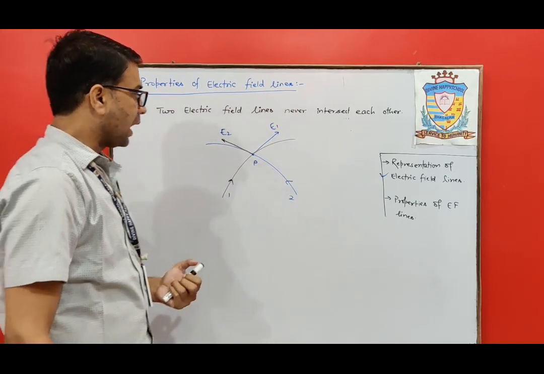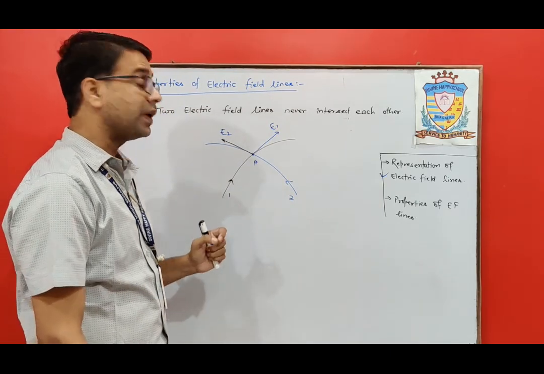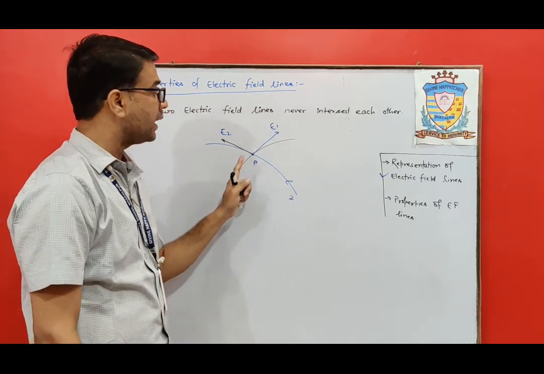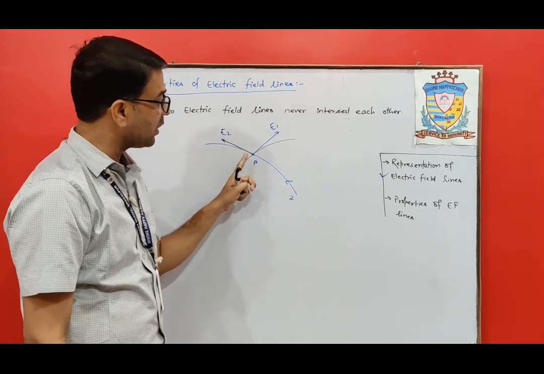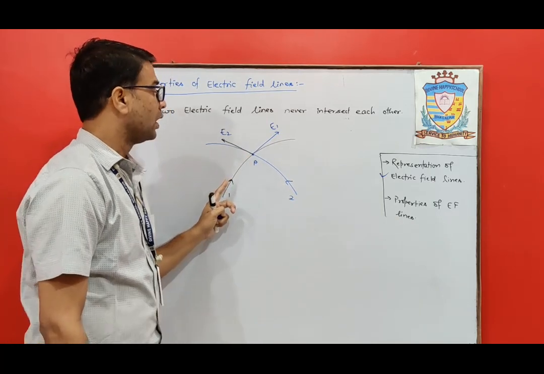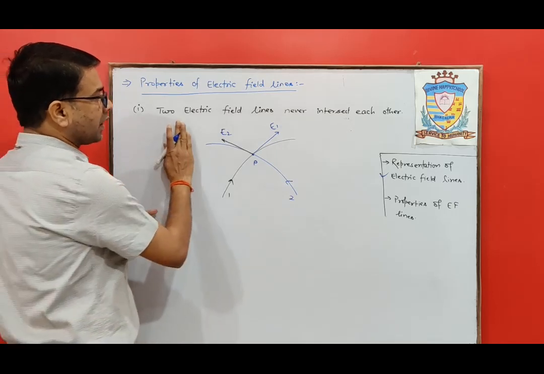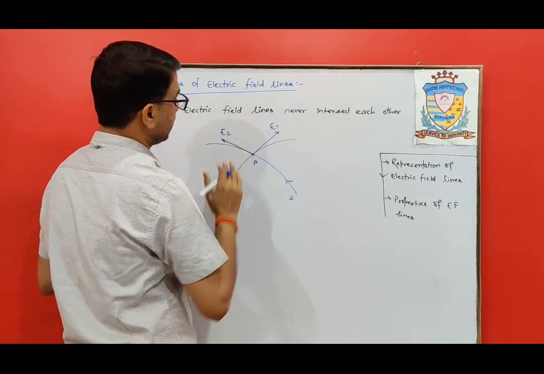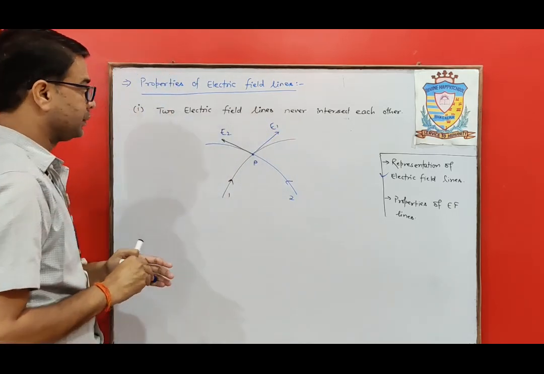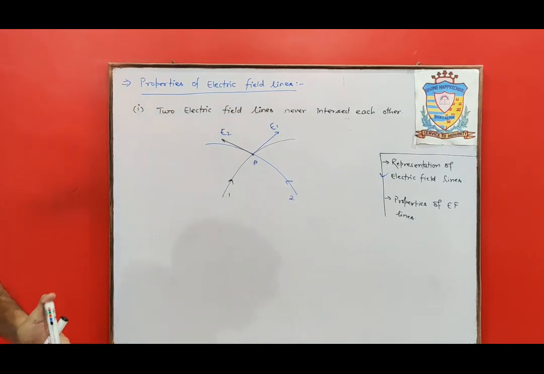But according to mathematics, we can draw only one tangent at any point. So this is mathematically wrong. That's why two electric field lines never intersect each other at any point. Clear?